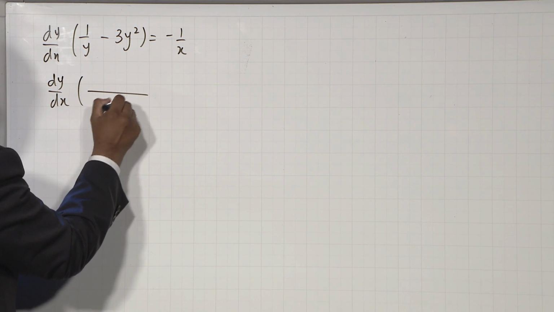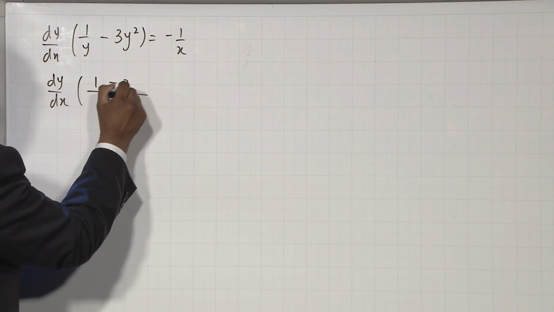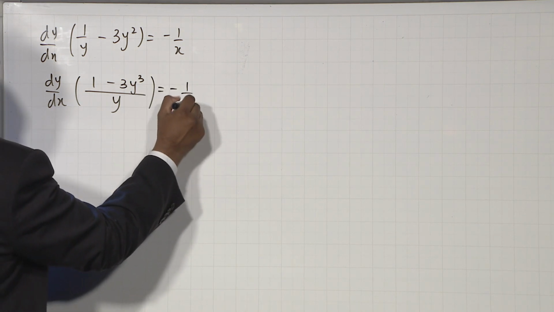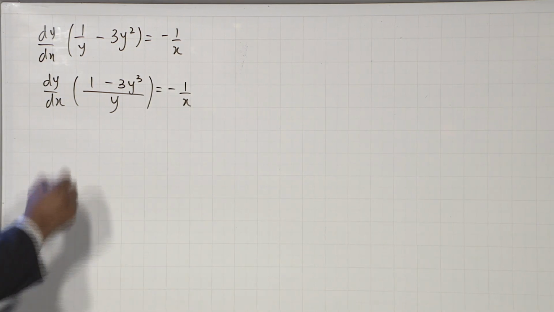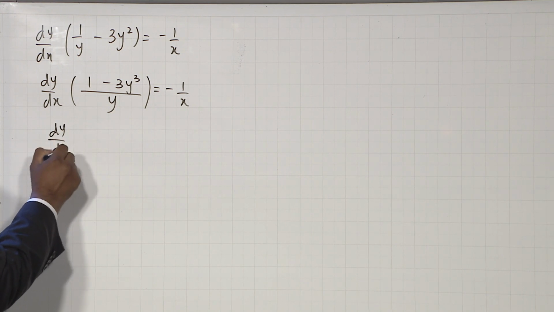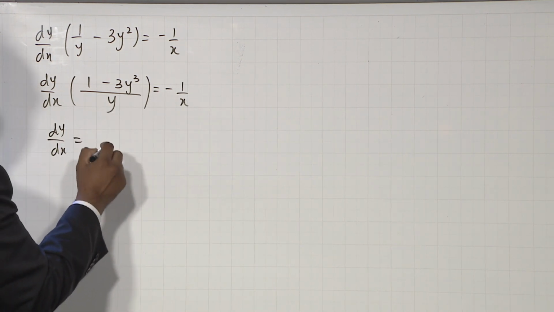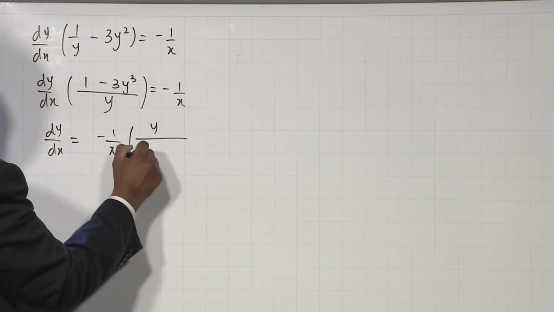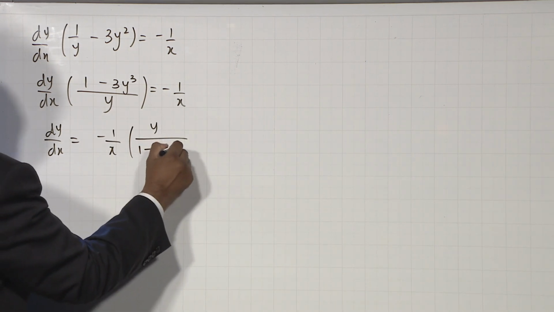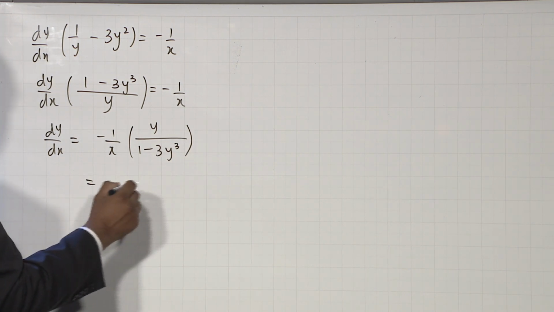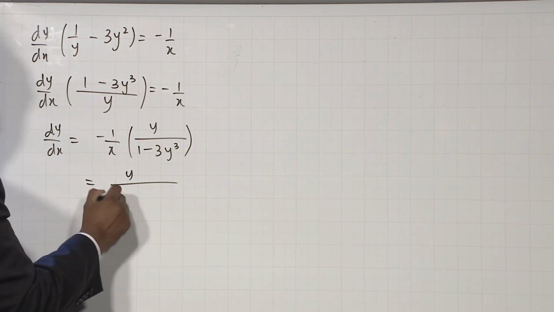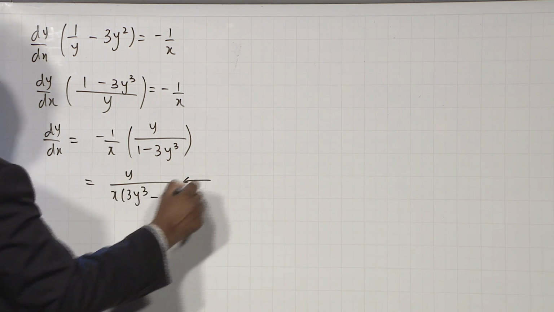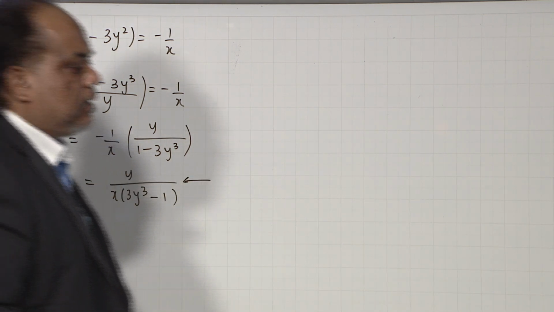Transferring this term to the other side, dy by dx will give us y over x(3y cubed minus 1). That's dy by dx.